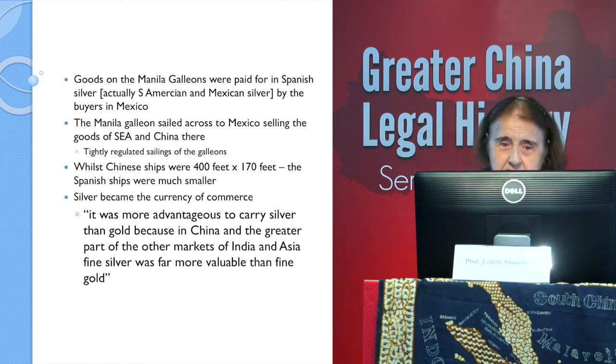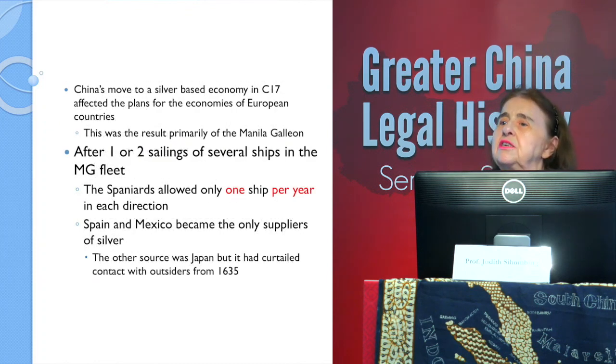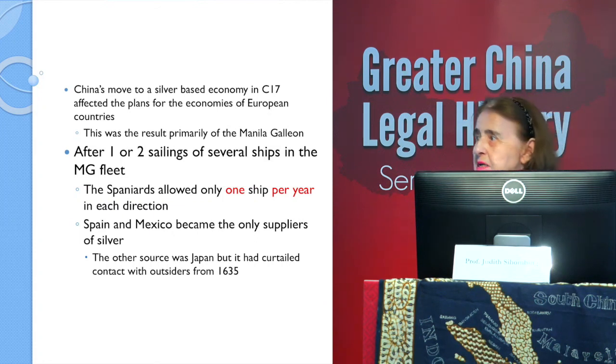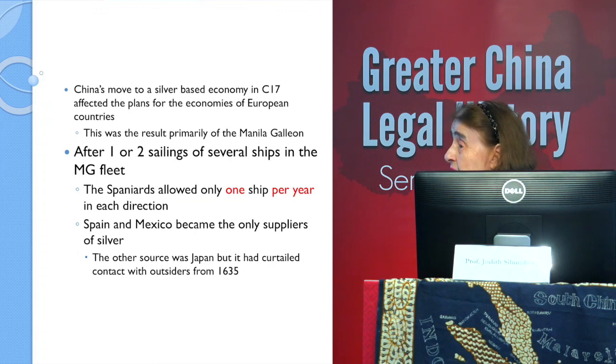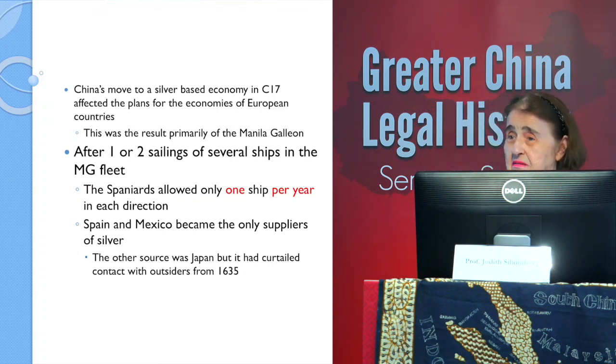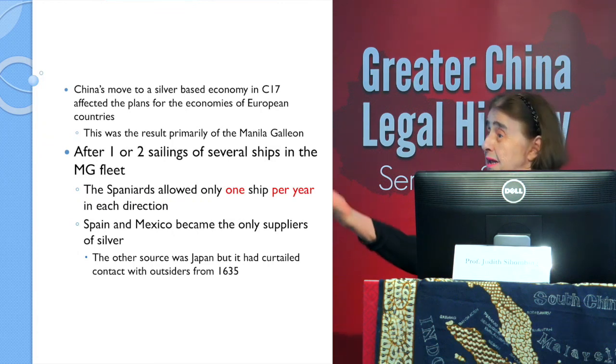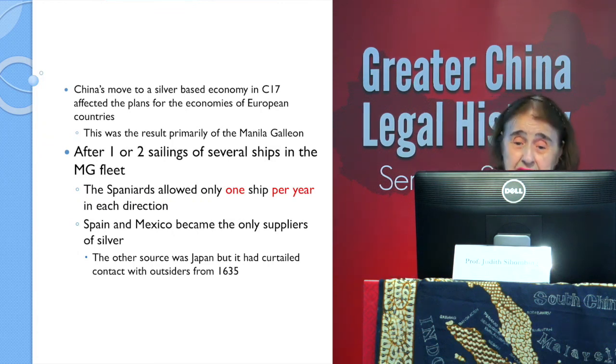All right, so 17th century, China moved to a silver-based economy. And so Europeans wanting to deal with China had to have silver. Spanish were happy, very happy, because we got our name on everybody's money. And our king's name's on a lot of faces on their money.